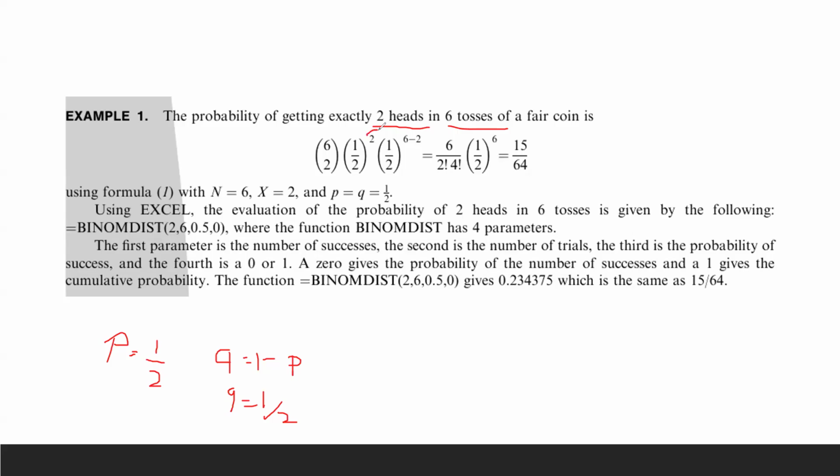Here, you need to mention 2. This is the success part. This is the failure part, meaning the tail part. How many times can the tail occur? 4 times, no?